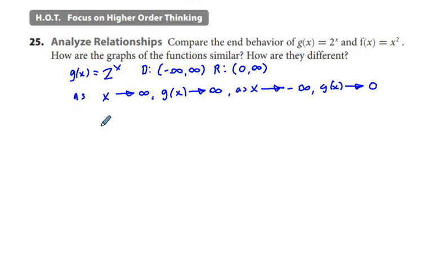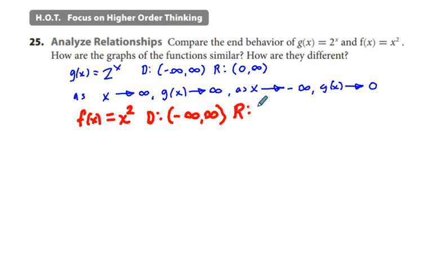I'm going to use the red here for f of x equals x squared, and then for our domain, we have the same domain. It's a polynomial function. We have greater than negative infinity, less than infinity. We have our range.